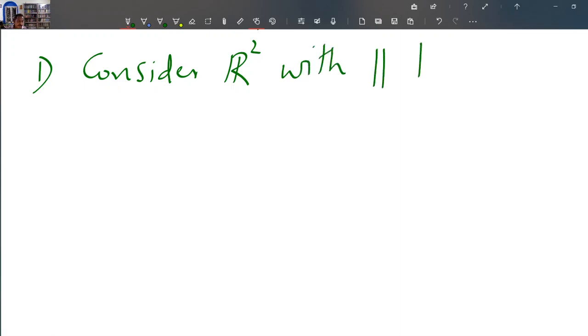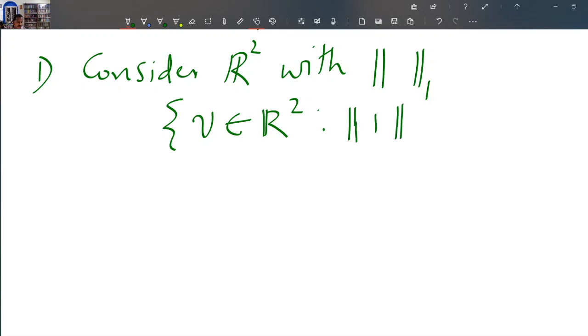As the first case, you consider R^2 with the 1 norm, and our set under consideration is the set of all v in R^2 such that the 1 norm of v is equal to 1.